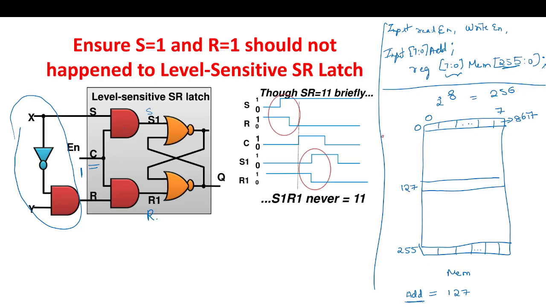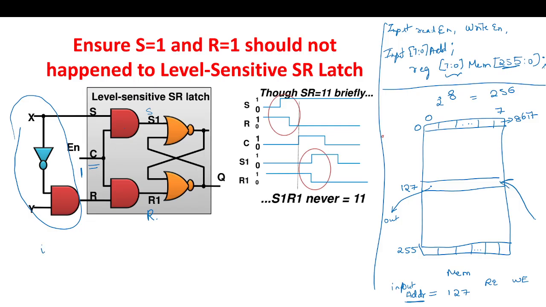So this should be given from the input, and what are the inputs we need is the address, and if it is saying read enable, that means the content of this should go to the output, and if it is saying write enable, then the content of the input should come here.